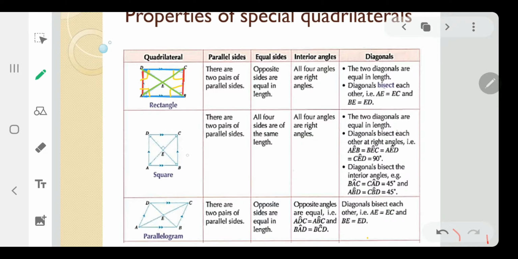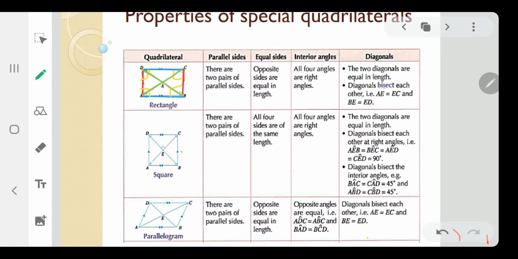Similarly, we can see that a square has four sides. Two opposite sides are parallel and all sides are equal. All four angles are right angles.